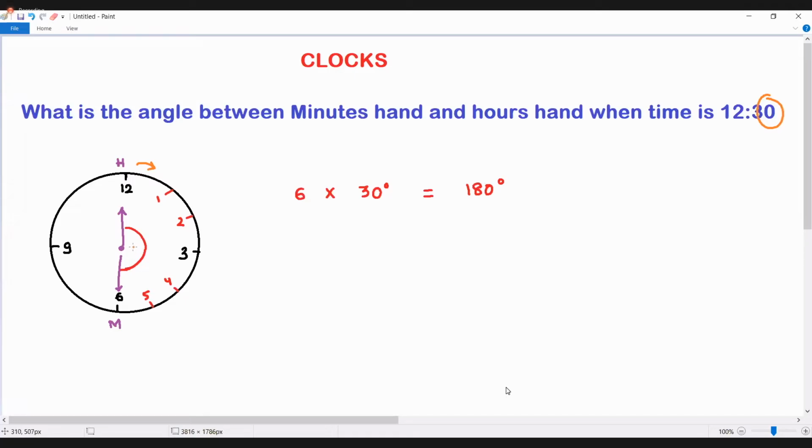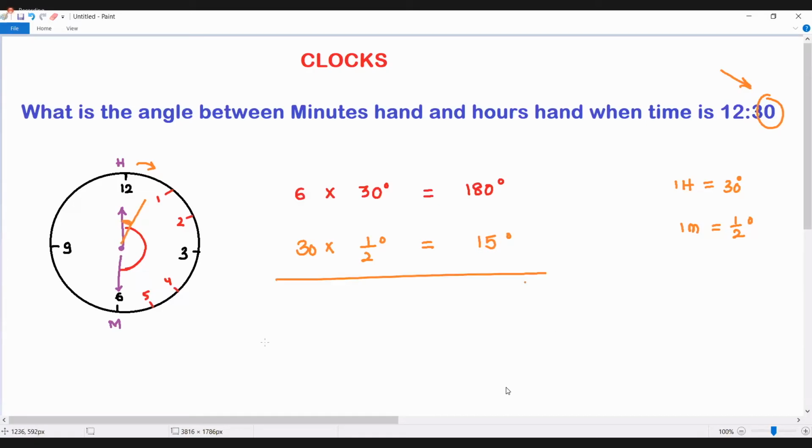Or, as we took previously, 1 hour makes 30 degrees and 1 minute makes half a degree. So the extra 30 minutes will make 30 into half degree, which equals 15 degrees of tilt.